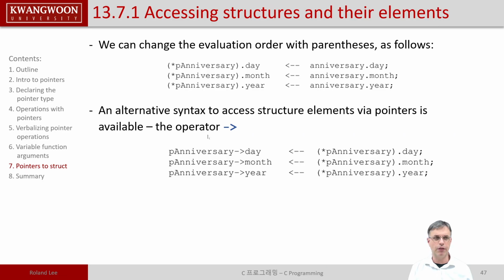As an alternative solution, the alternative syntax to access structure elements through pointers is with an arrow. The alternative syntax uses two fewer characters, a slight improvement. Whether you find one method easier to read than the other, the general advice is to pick one and use it consistently.